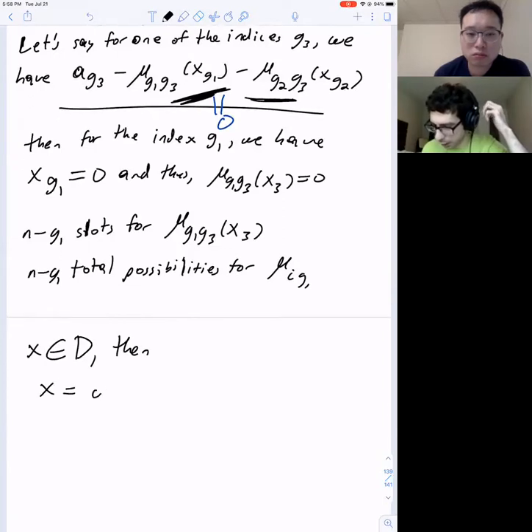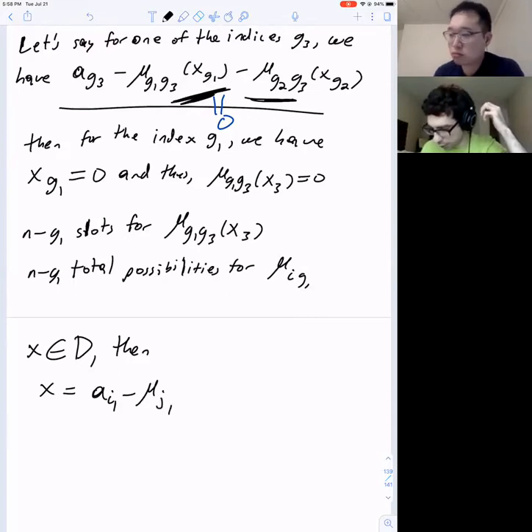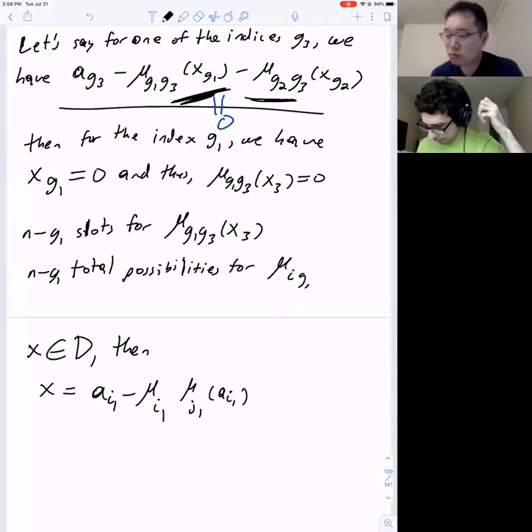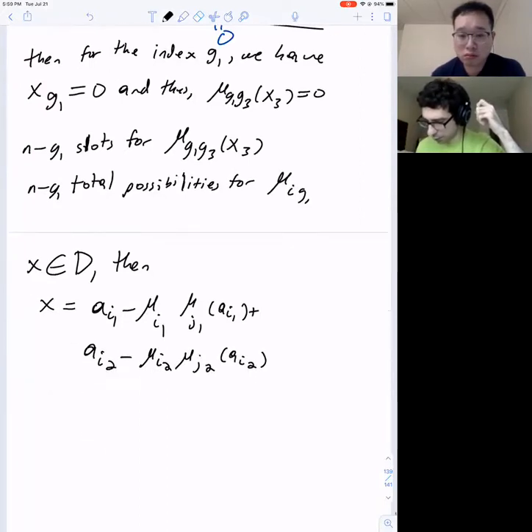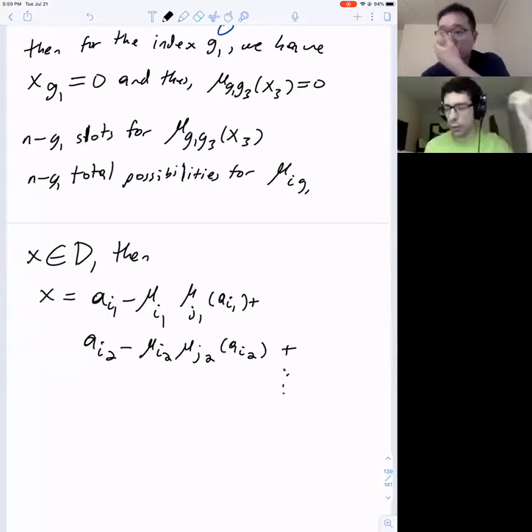So from now on, I prove that if we have X in D, then X equals something like A I1 minus mu J1 I1 of A I1, plus A I2 minus mu J2 I2 of A I2. So it's always going to be pieces like this.